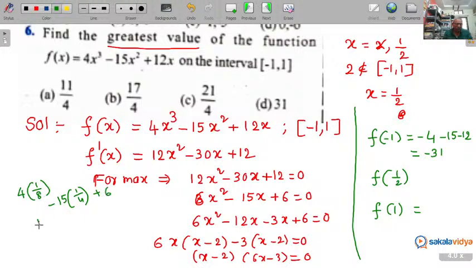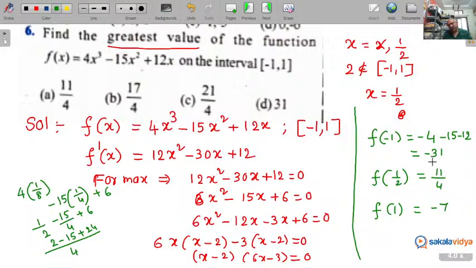This will be 1 upon 2 minus 15 by 4 plus 6. So, 4 LCM, 2 minus 15 plus 24, this will be 11 by 4. So, f of 1 means 4 minus 15 plus 12, so minus 7 you will be getting.